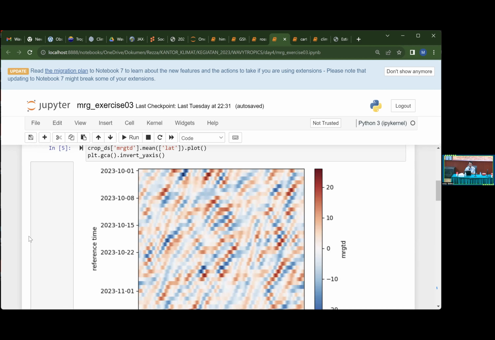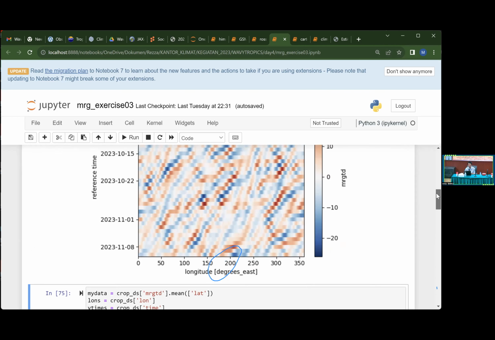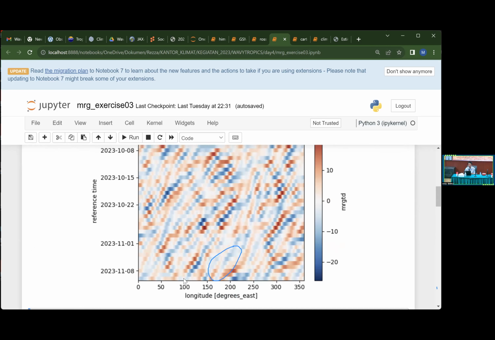And what we want to see is actually the strong signal, here, right? Around here, there is some, sorry. I forgot which longitude area we plot. Okay, from 0 to 300. So Indonesia is between 90 and 150 around this, okay?